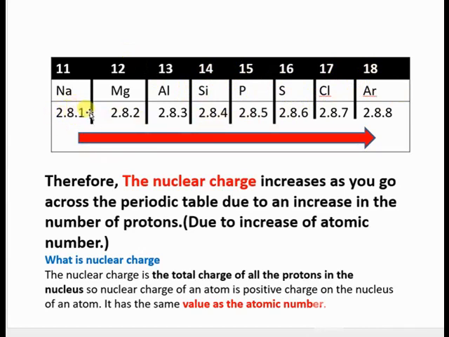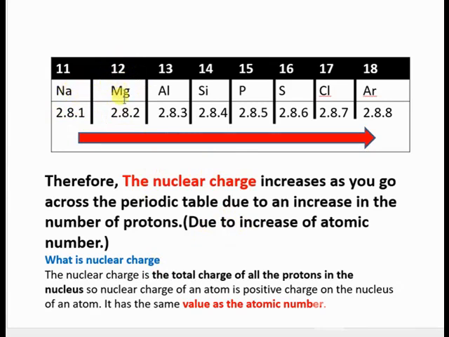So let us look at the trend across the period. Looking at the electron configuration, the number of electrons in the outermost energy level increases by 1 as you move across the period: 1, 2, 3, 4 up to 8. And remember, nuclear charge is important to understand. Nuclear charge depends on the atomic number. If the atomic number is 11 and the next is 12, magnesium has a higher nuclear charge than sodium.